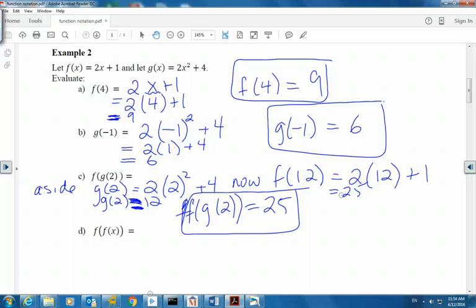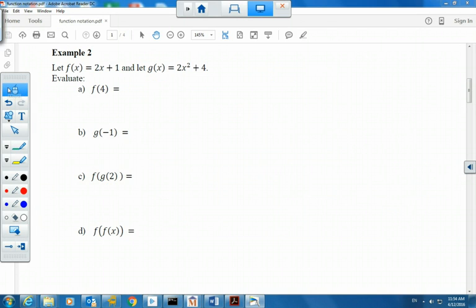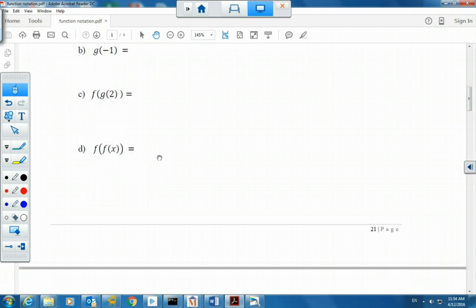Okay, and now f of f of x. So I have to write an equation inside of an equation. All right, let's try to color code this one a little bit so that you can see it a little better. I'm going to move this up a little bit so that we can have a little bit more room.